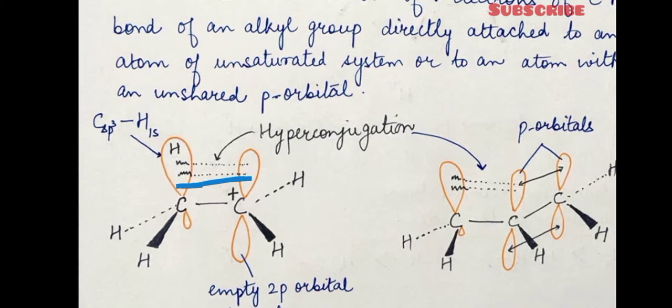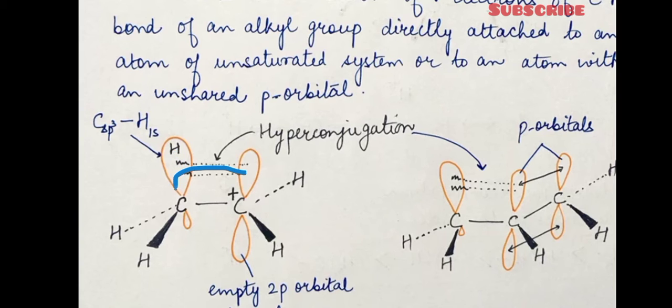Delocalization means that these electrons involved in this CH bond can migrate or move towards this empty p orbital. Now you can see that there are 3 CH sigma bonds here. So any of these 3 sigma bonds can get delocalized into this p orbital.